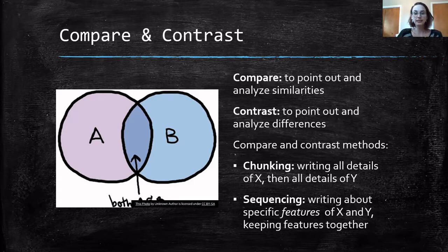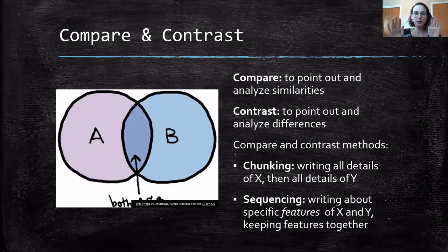Now, sequencing is a little bit different, where you are going to write about specific features between the two, keeping the features together. So in this case, you might talk about the accessibility of Android, and then you would talk about the accessibility of iPhone. And then you would talk about the security of Android and then the security of iPhone, and maybe the camera of specific phones and the camera of iPhone.